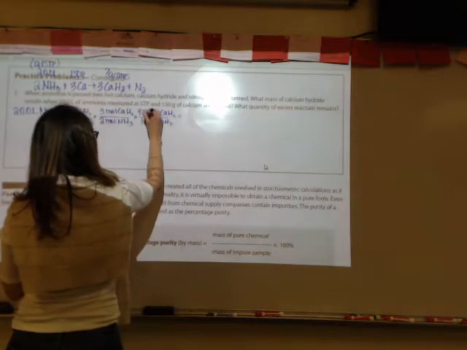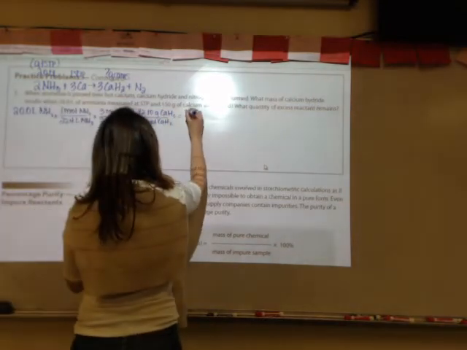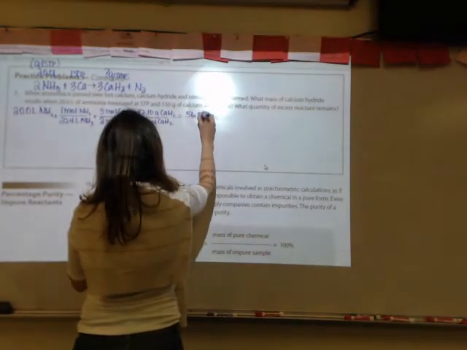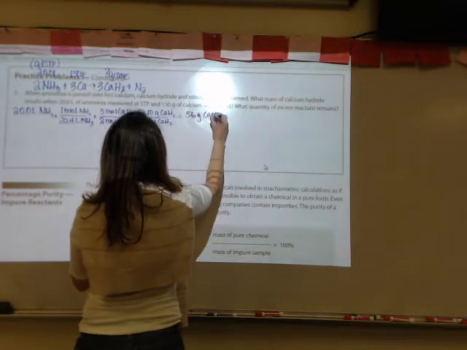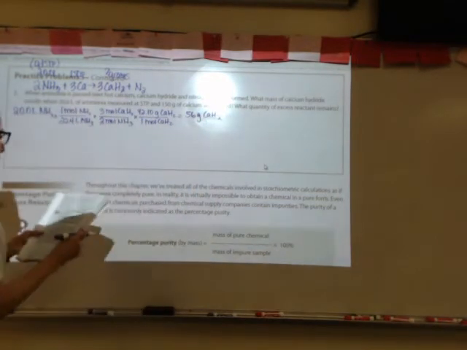The molar mass of CaH2 is 42.1. You're going to get 56 grams of CaH2 there.